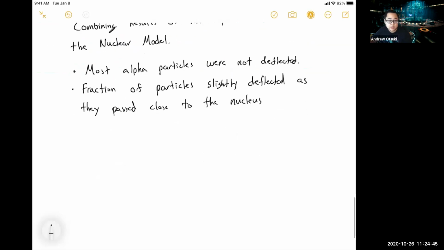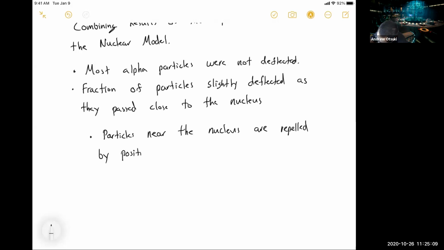And then the particles near the nucleus are repelled by positive electrostatic forces, what I talked about earlier. So in this case, they're talking about repulsive forces.